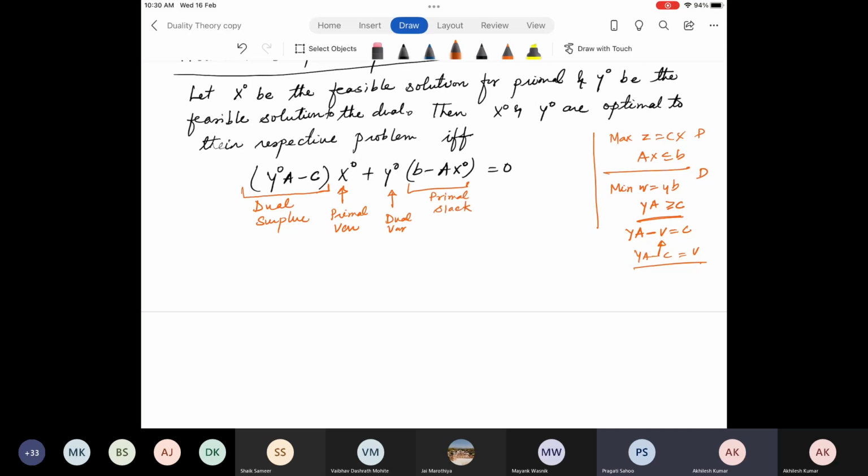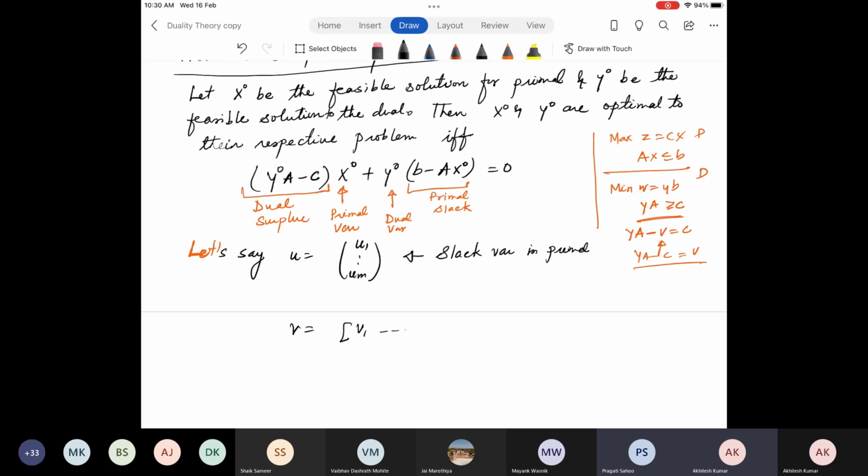To make it more understandable, let me break it down into two equations. So let's say U equals to U1 to UM are the slack variables in primal problem, and V equals to V1 to Vn.